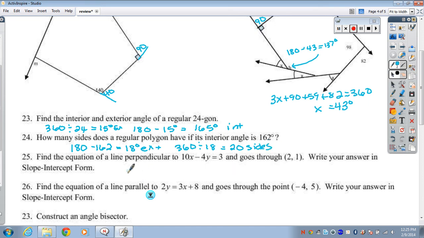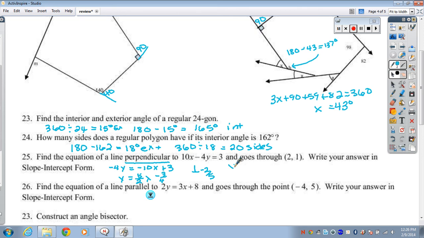All right, 25. Find the equation of a line perpendicular to 10x. Perpendicular lines have opposite reciprocal slopes. First we need to find the slope. So we have negative 4y equals negative 10x plus 3, so y equals 5 halves x minus 3/4. My new slope, the perpendicular slope, is going to be negative 2/5.